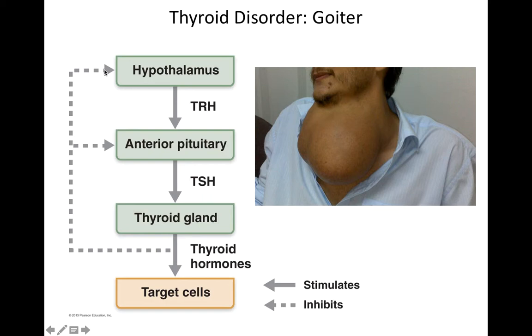But what if your thyroid gland can't make thyroid hormone? The most common cause of a goiter is simply a lack of iodine. T4 requires iodine. If you don't have enough iodine, you can't make T4. If you can't make T4, you never release it, which means that your blood level never goes up and you don't have your negative feedback.